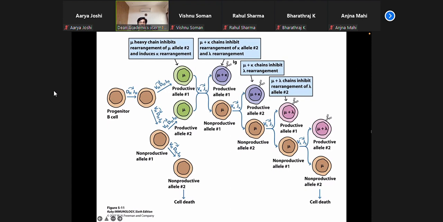Okay, so all these processes basically make sure that you give a chance to each developing cell so that they can productively rearrange specific receptors when they are developing in bone marrow. Obviously, the same thing has to happen in thymus for T cells. Is that clear?